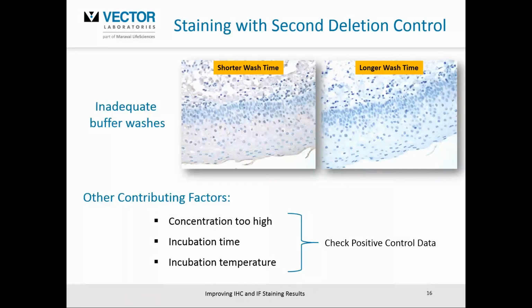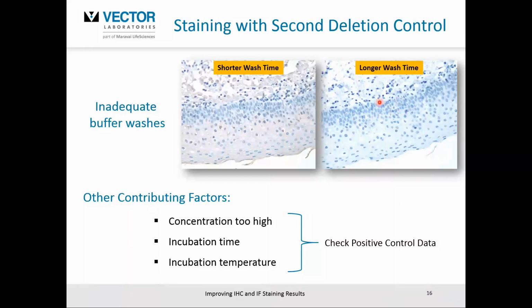Okay, just following on here again, staining with this secondary deletion control, potentially you may see an overall toning in your sections, for example, with enzyme-based polymers. If you skimp on the buffer washes, if you don't use enough or don't run them as long as perhaps you could. So again, throw in an extra wash, run it a little longer.